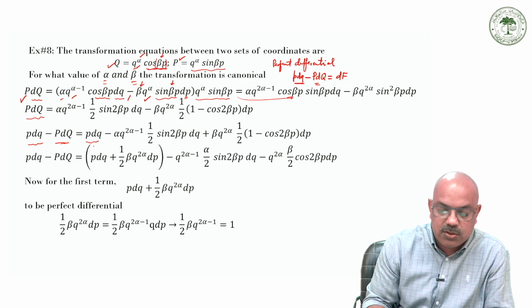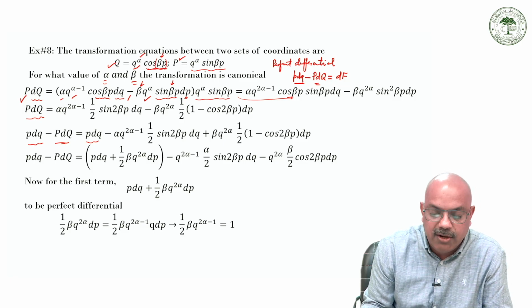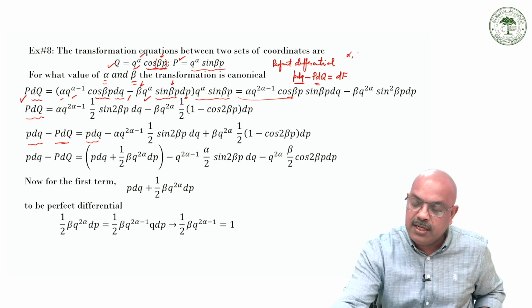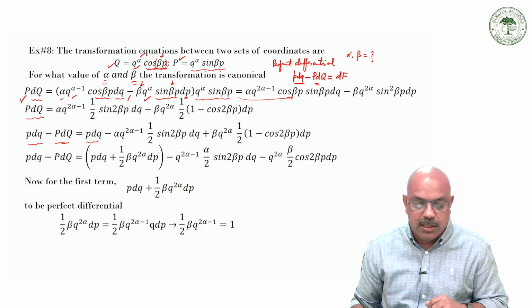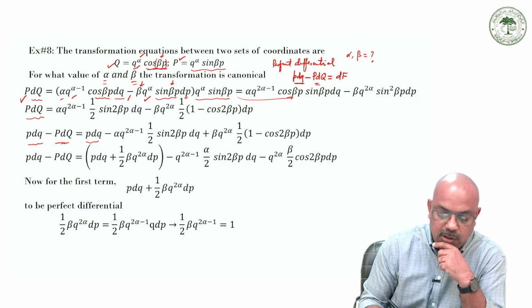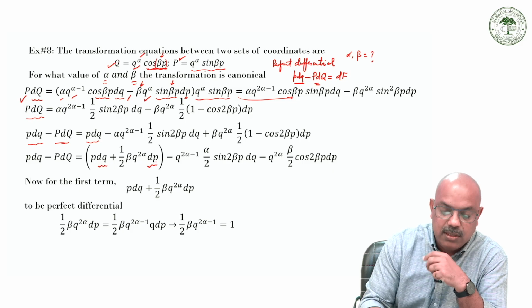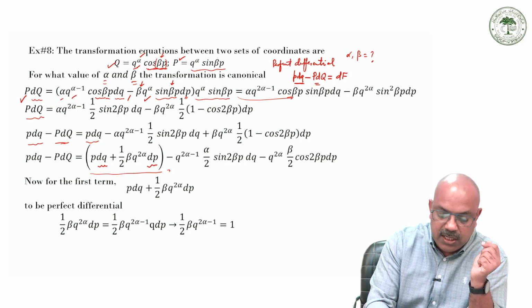What we need is to impose the condition, because we know that the transformation is going to be canonical, and for that we have to find the values of alpha and beta for which the transformation is canonical. So first we gather the dq and dp coefficients, because all together this is going to give me dF of q and p, okay.